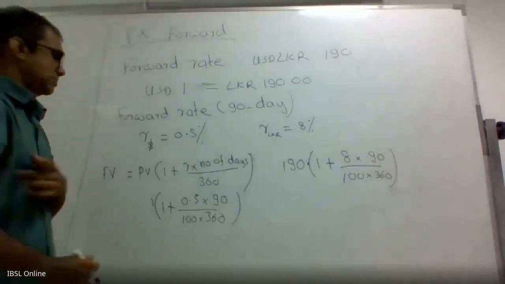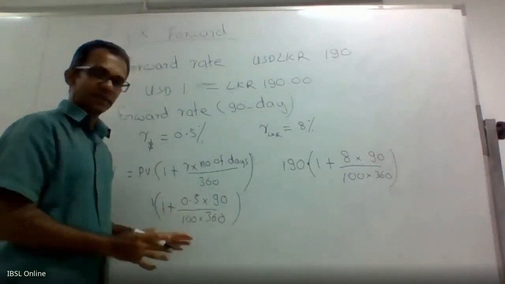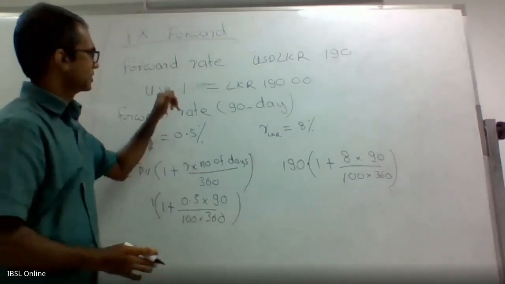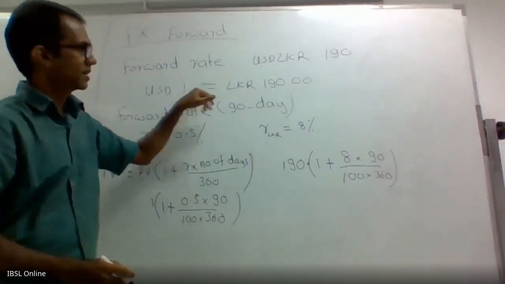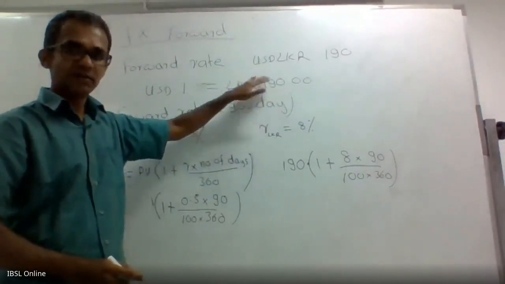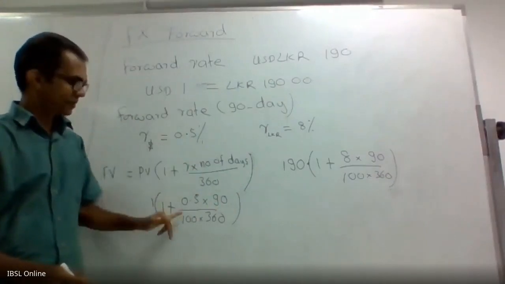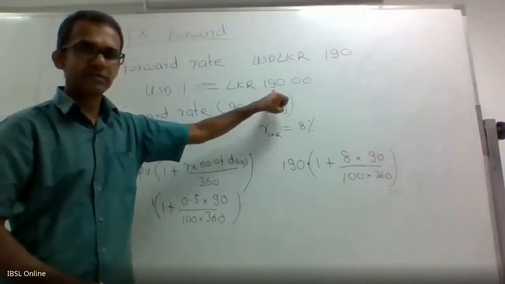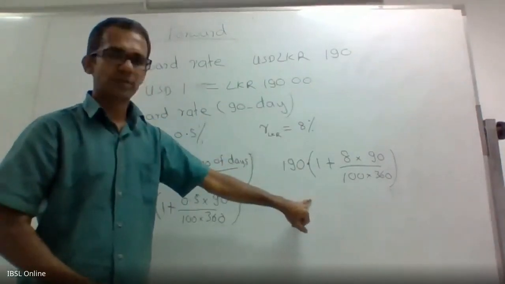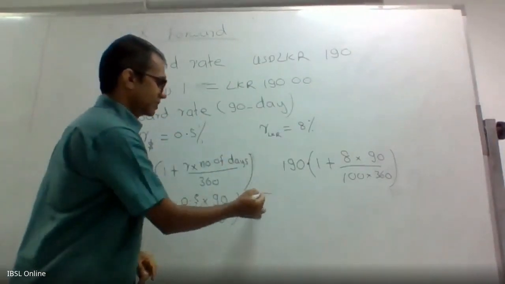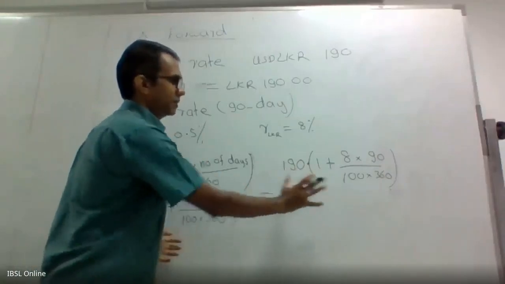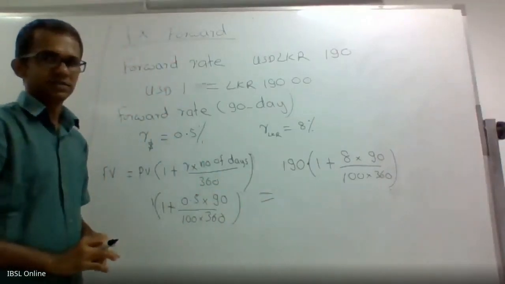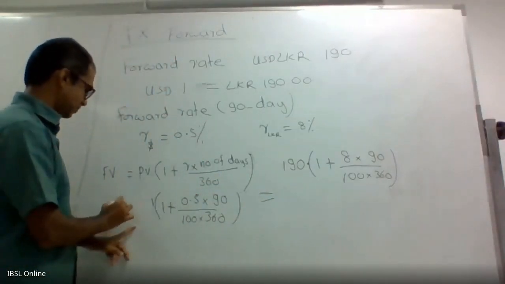So at the end, if $1 equals 190 rupees today, after 90 days, the future value of the dollar should be equal to the future value of this rupee amount as well. So these two figures should be equal to each other, but in two different ways.